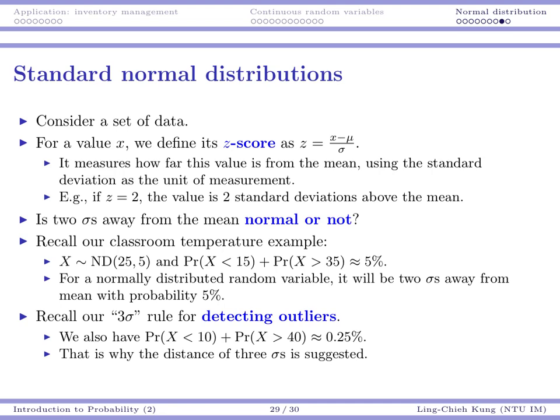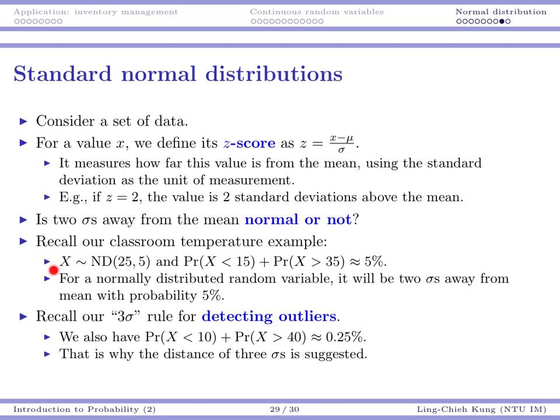We want to ask, what's the probability for your x to be far from your mean by more than 2 standard deviations? In general you can do it, but before that, let's consider our temperature example.